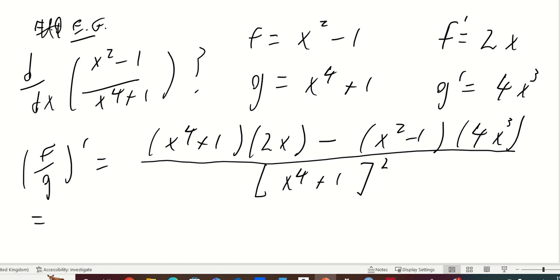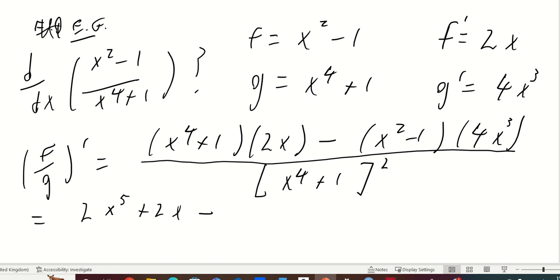Now that answer is 100% correct. You don't need to do anything else with it really, but we'll just multiply it out for a little bit of fun. First we will get 2 times x to the 5 plus 2x.